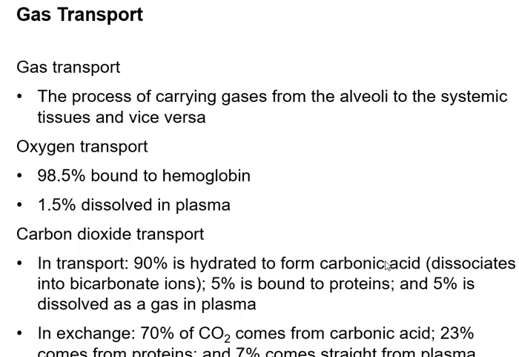So it's forming carbonic acid in your plasma. There's about 5% that's bound to other proteins, and about 5% that's dissolved as a gas. So they're almost opposite. Carbon dioxide is almost all dissolved. Oxygen is carried bound to the iron on the hemoglobin.